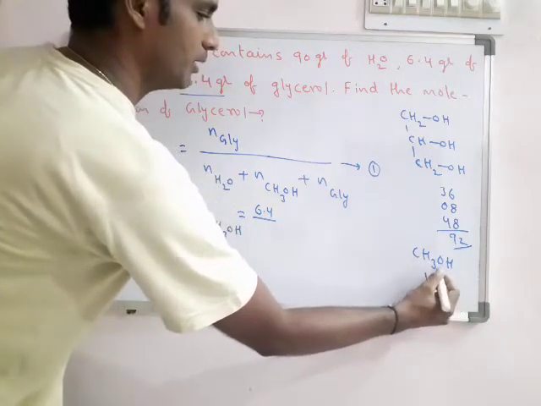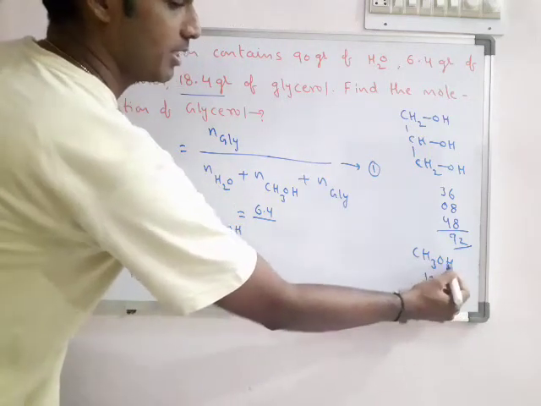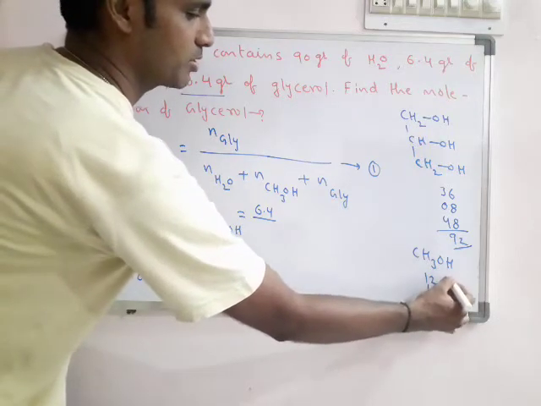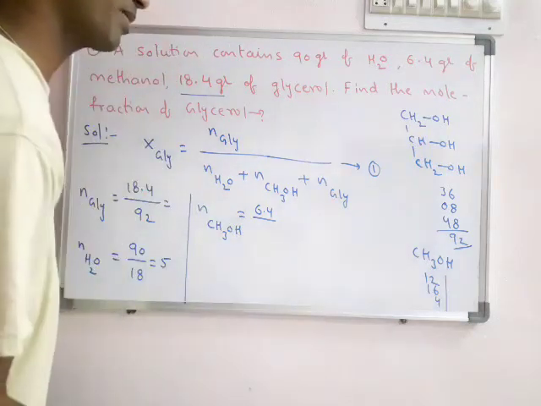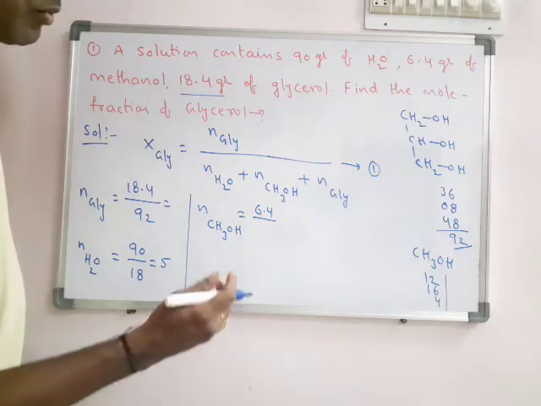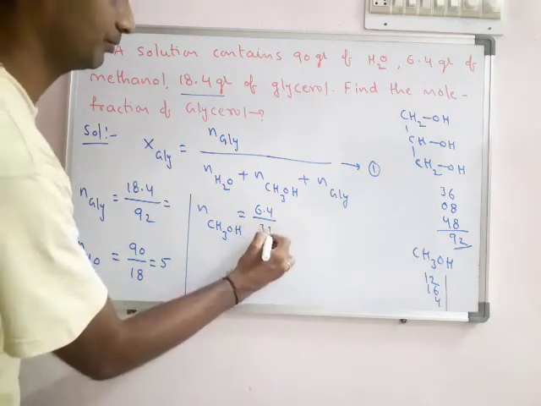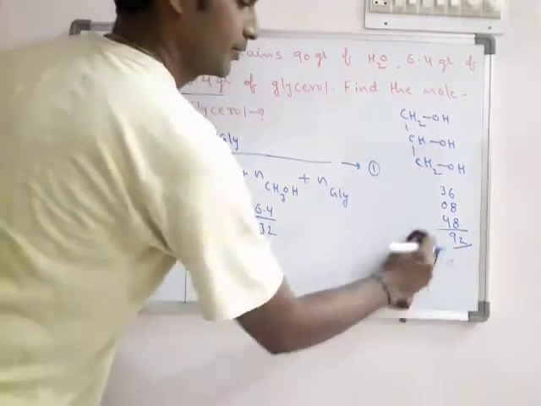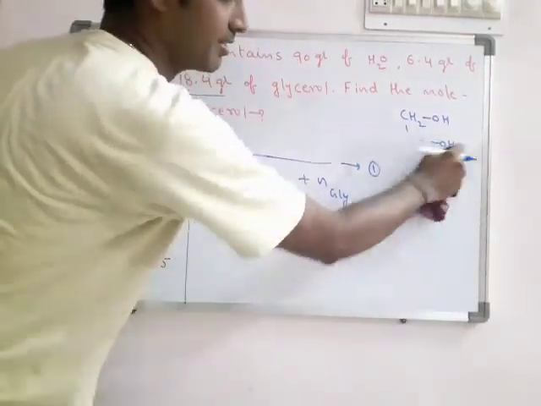CH3OH. 1 carbon, 1 oxygen. How many hydrogens? 4 hydrogens. Okay, so finally we get how much? 32. 12 plus 16 plus 4, 32. You have to do the calculation at right side, it's compulsory.